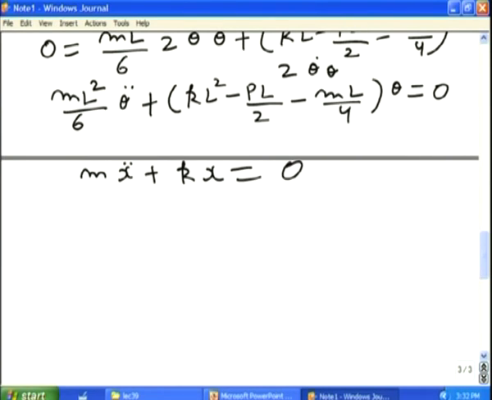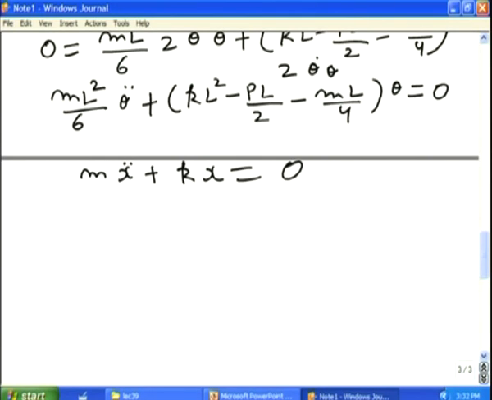Therefore, this expression in the parenthesis must also be positive. Then only the system will vibrate. If the expression is not positive, then the system will not be vibrating about this position. That is the condition: this expression must be positive, then it will be vibrating and the restoring force will be able to bring it to the original position.